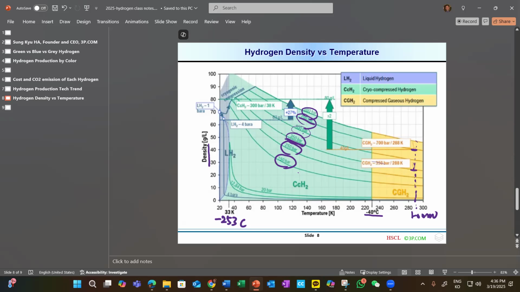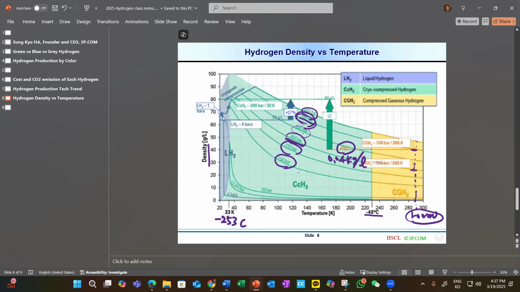Here is the important number. For better understanding of its real value, please try to remember 40 grams per liter. Under 700 bar and room temperature, the density will be 40 grams per liter, or 0.04 kilogram per liter.